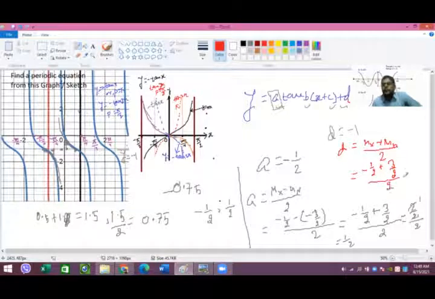Now you can see that it is minus, because towards downward it is minus. So minus 1 minus 3 is minus 4, divided by 4, and then these two values are cancelled out.